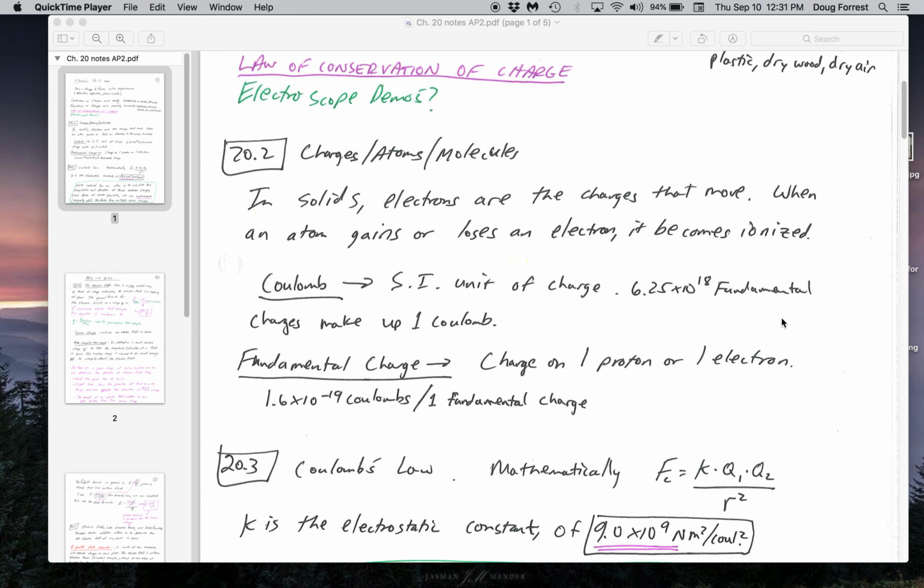The charge on a proton is positive 1.6 times 10 to the negative 19th coulombs. You cannot have an amount of charge less than that that can be isolated. Subatomic parts like quarks can have partial charges, but one fundamental charge by definition is the smallest amount in this course that we can have.